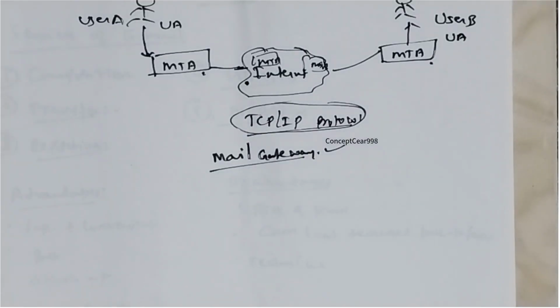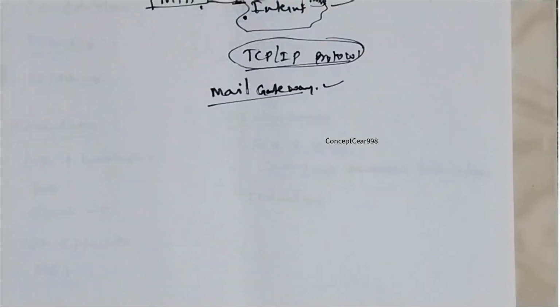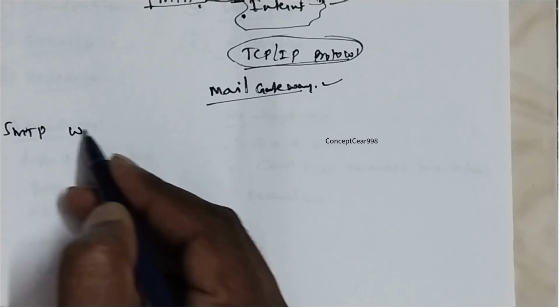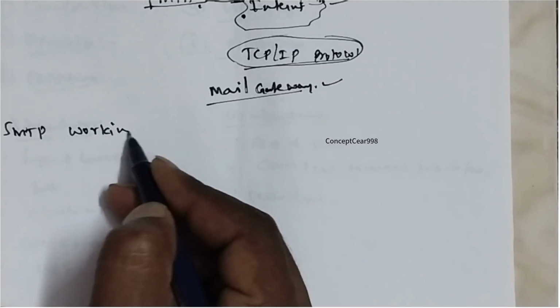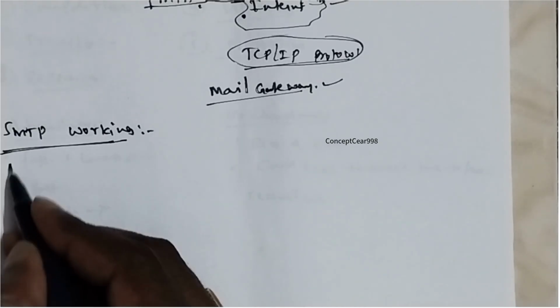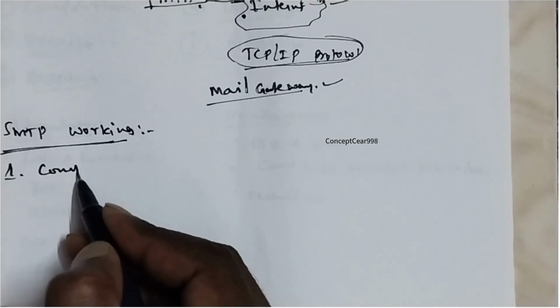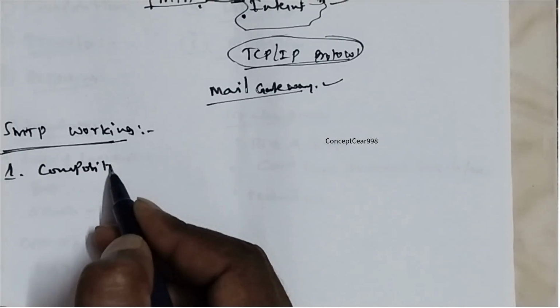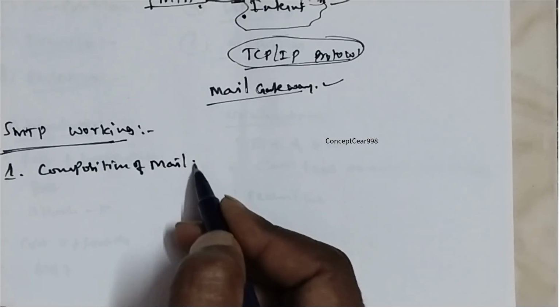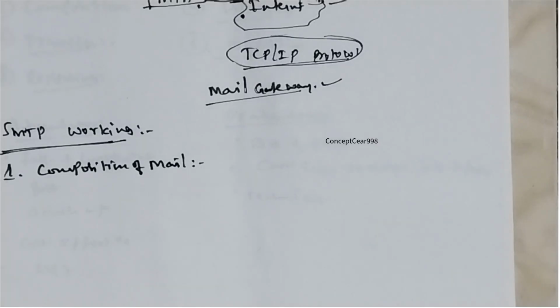What is the working of the SMTP protocol? The first one is composition of mail. What is the composition? A user sends an email by composing an electronic mail message using a mail user agent.